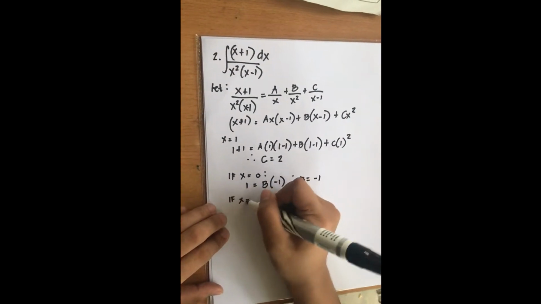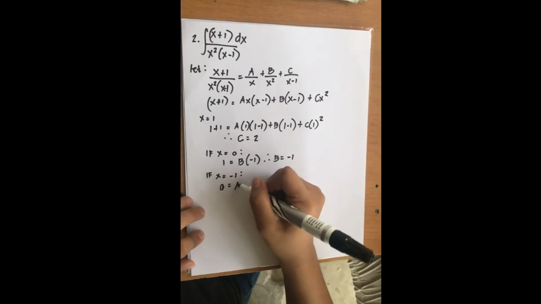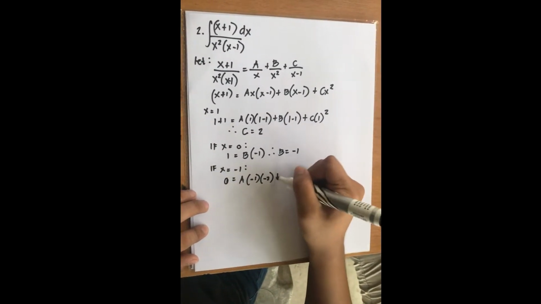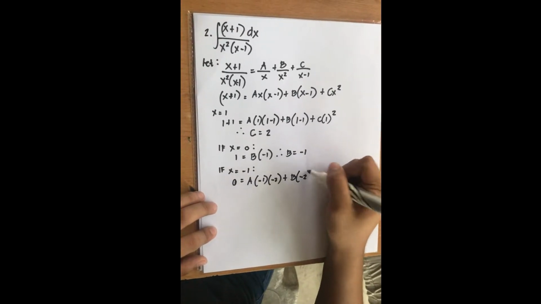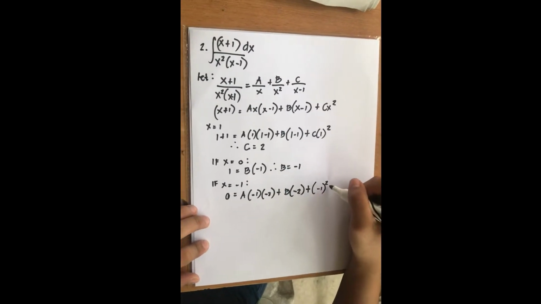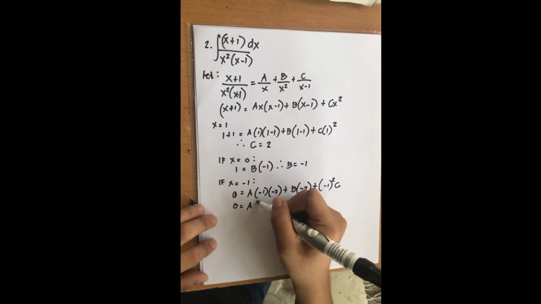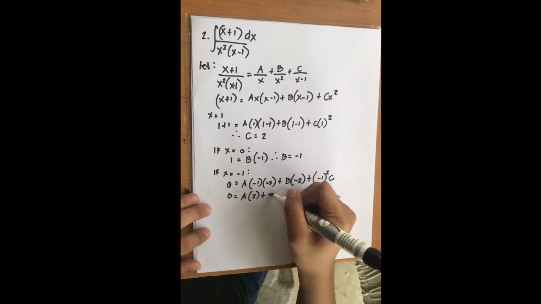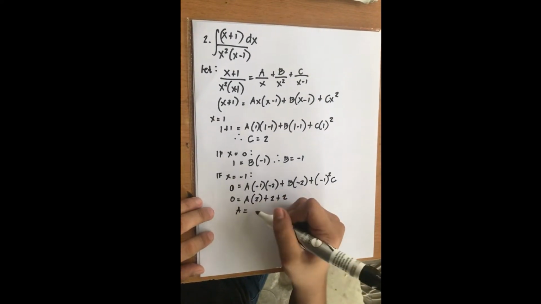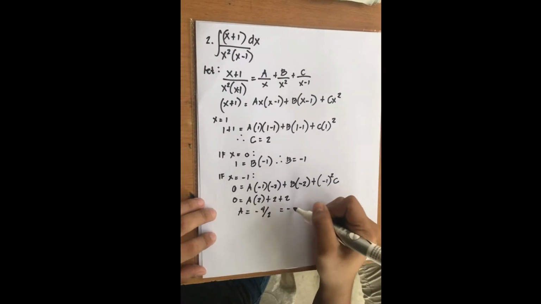If x is equal to negative 1, we get 0 is equal to a times negative 1 times negative 2 plus b times negative 2 plus 1 squared times c. 0 is equal to a times 2 plus 2 plus 2. A is equal to negative 4 halves, or equal to negative 2.